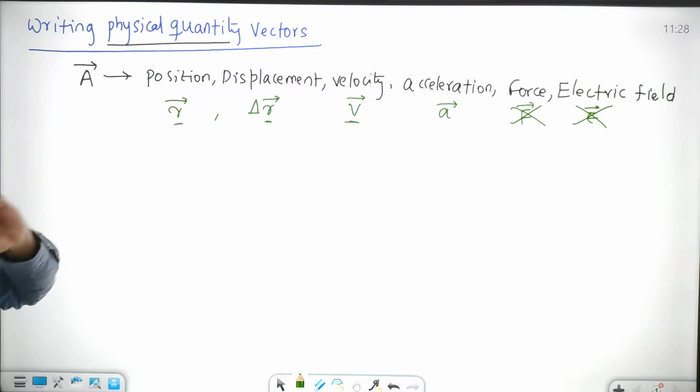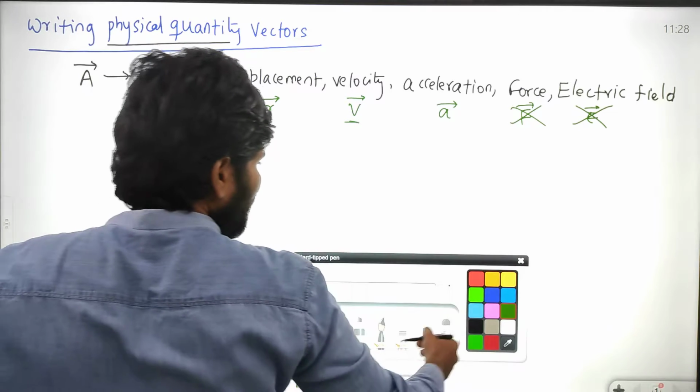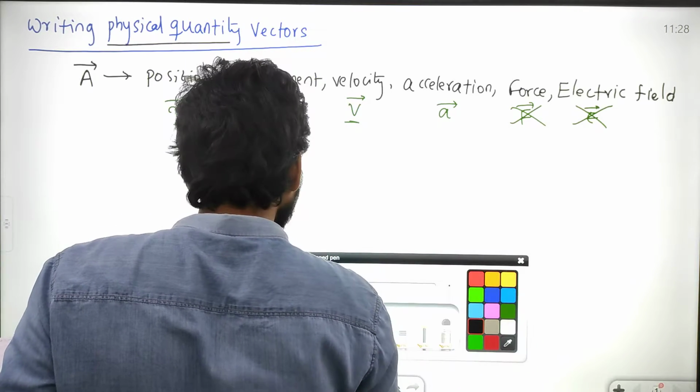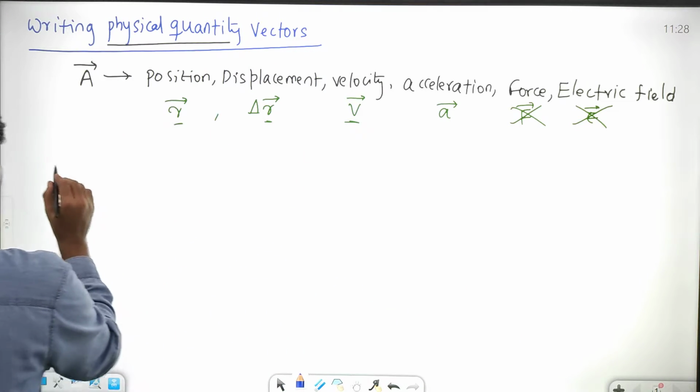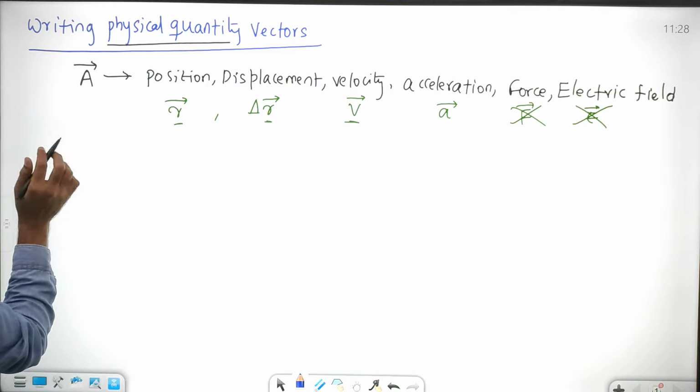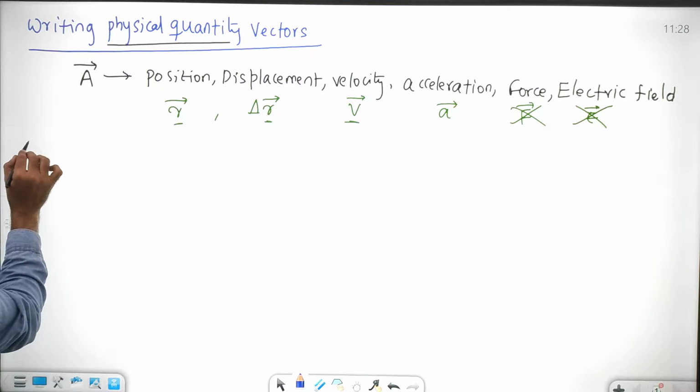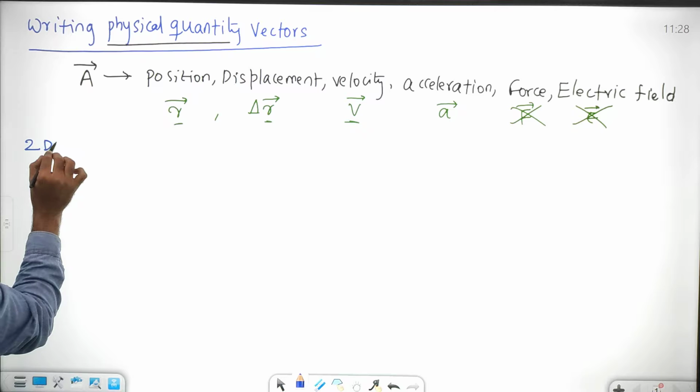I am writing these vectors in 2-dimension. Now I am discussing a 2-dimension vector.